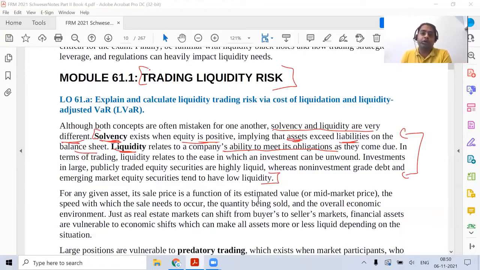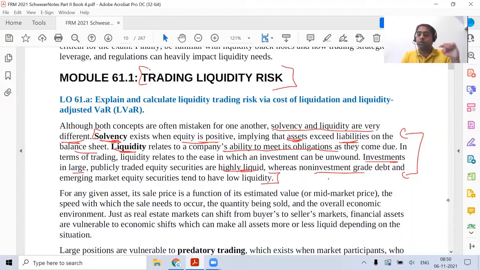So we're going to be talking about the net stable funding ratio, the liquidity coverage ratio, all of it. Now over here, they've also given you an example of assets, primarily investment grade assets and non-investment grade assets. In level 1, we talked about credit rating. If you have issued a bond and the bond credit rating is above BBB, then you are in investment grade. If it's below, that is called non-investment grade, also called a junk security. Trading is generally very high in an investment grade security, hence the liquidity is very, very high.